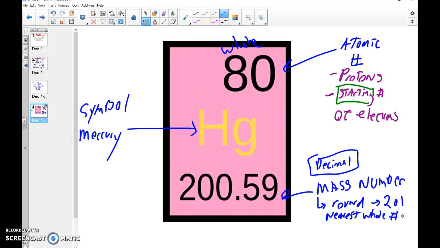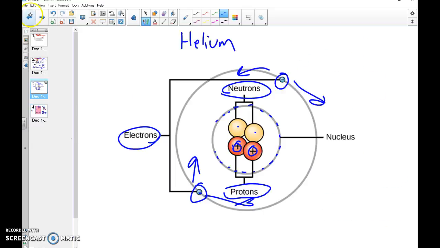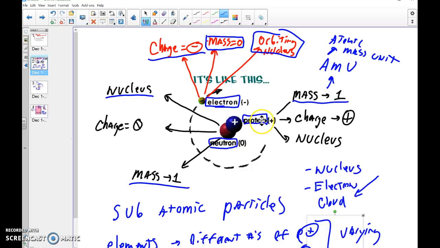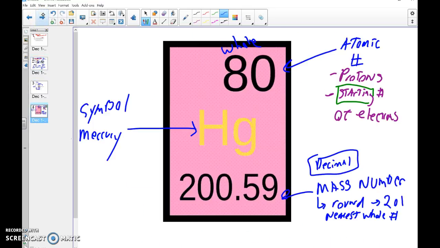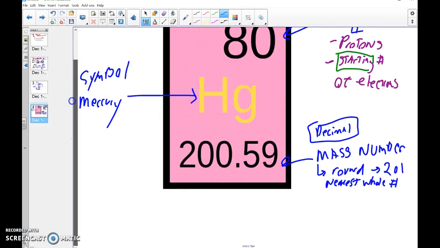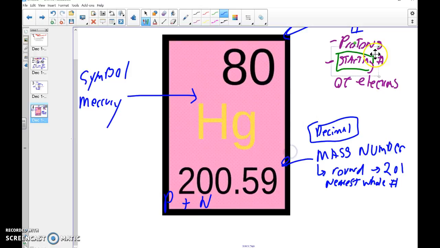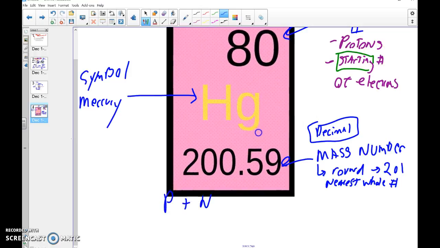Okay? Now, you'll notice over here, I told you that protons have a mass of 1, and neutrons have a mass of 1, electrons have a mass of 0. So the mass number is literally nothing more than just the mass of everything in the element. The thing is, the electrons have no mass. So the mass number is really just the protons and the neutrons. So in this case, I know that the protons are 80 because of the atomic number.